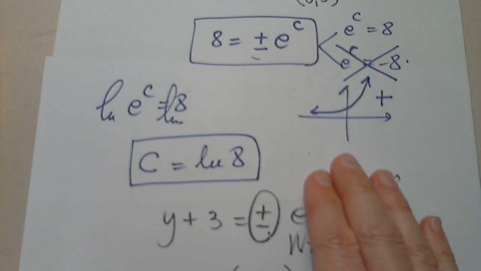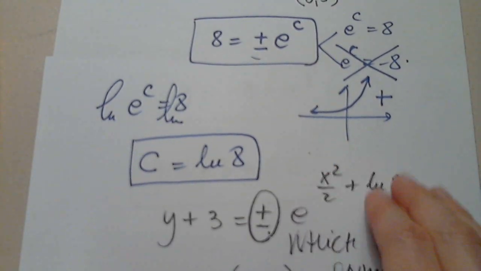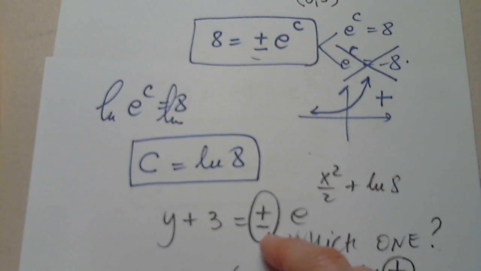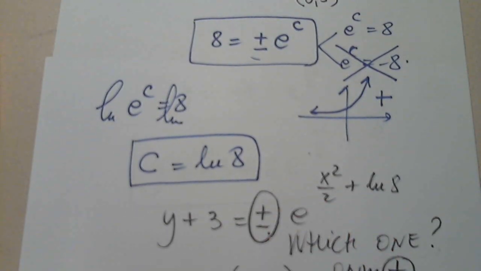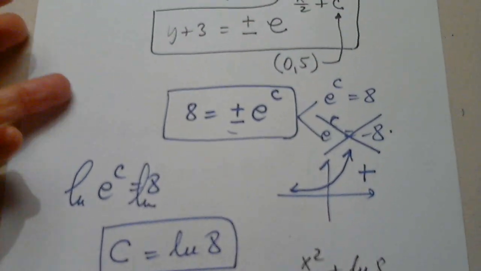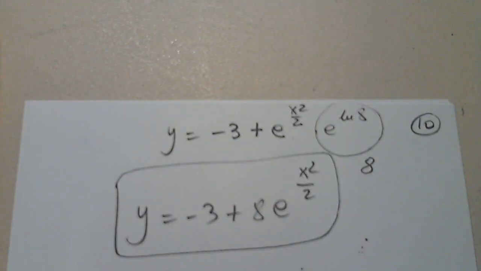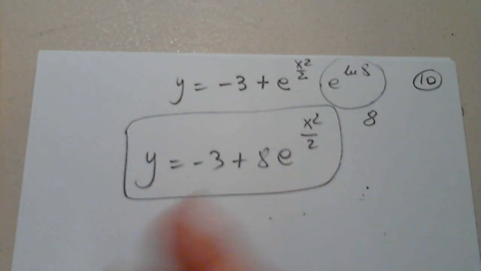But see, if I have 0 here, the whole thing here is 8, but not plus or minus, because this side is 8. So 8 cannot equal plus or minus 8. That's why we only choose the plus. This point helped me determine if it's plus or minus. And therefore, that was the final solution.